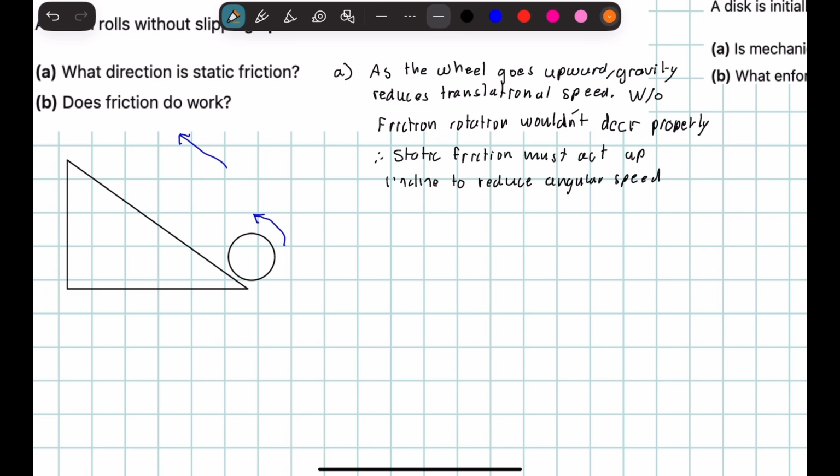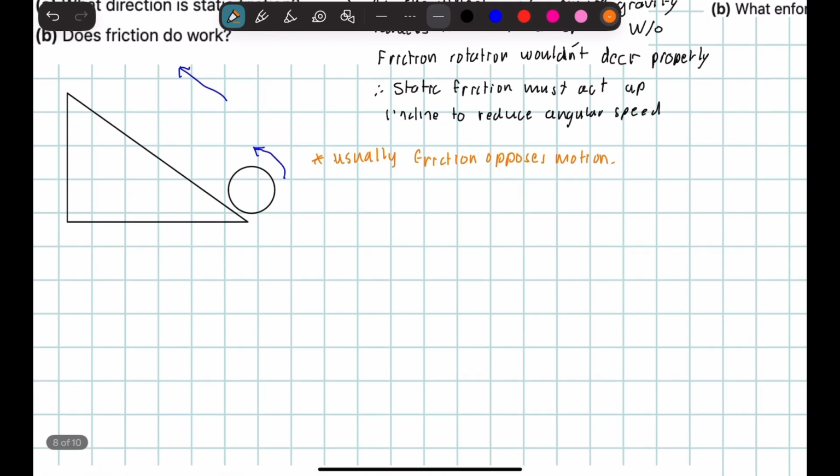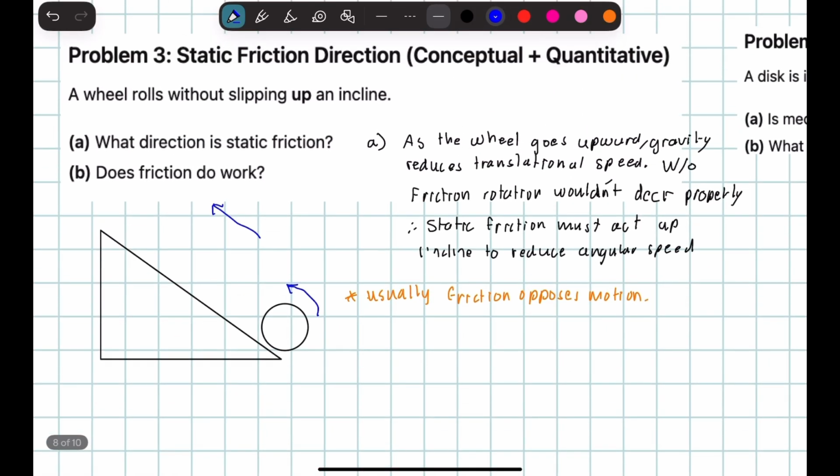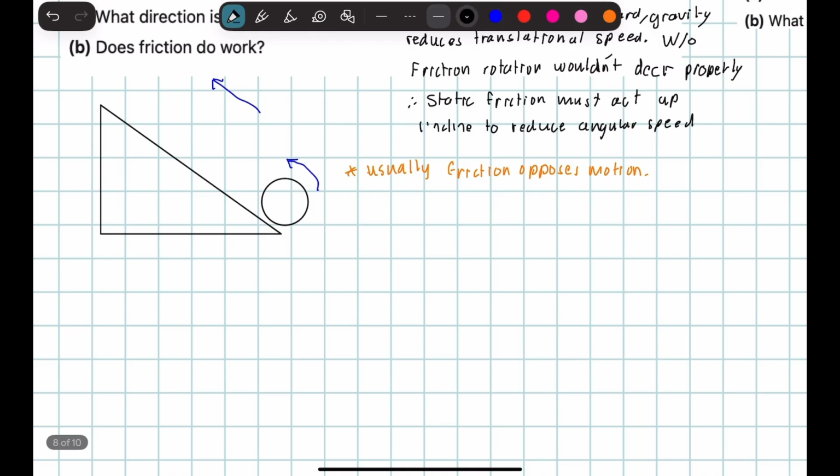And you might be wondering that usually we know that friction opposes motion, right? So why is it acting up if the motion is going up as well? Well, that's because this is rolling without slipping. If it's rolling without slipping, one of the things that we have is that friction acts to prevent surfaces from sliding against each other.